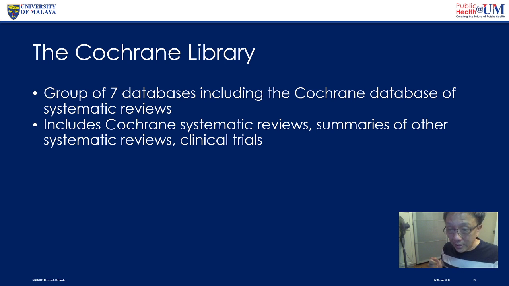For any medical intervention study, go to the Cochrane Library to see the summary of the latest information. Understand? If you don't do an intervention study, then you use PubMed and Scopus together, two search engines or 2 databases. Even if you do an intervention study, after searching the Cochrane Library you still have to go to PubMed and Scopus. Clear?